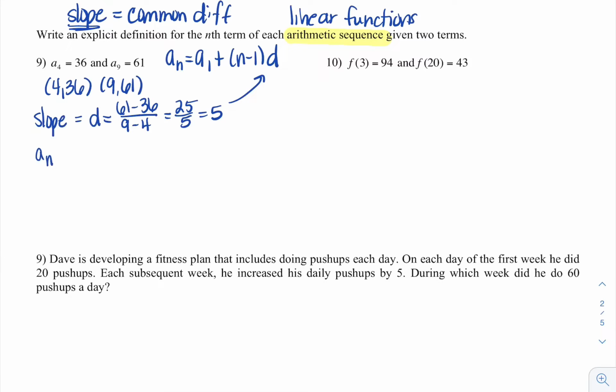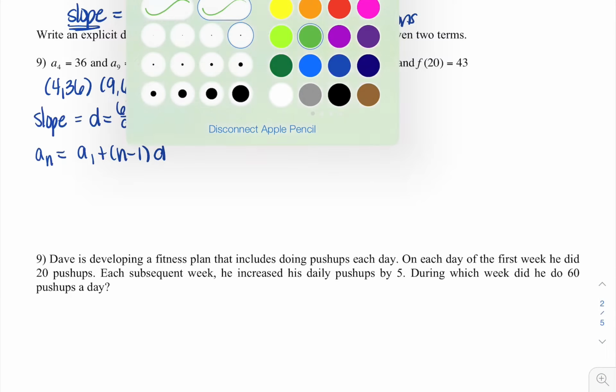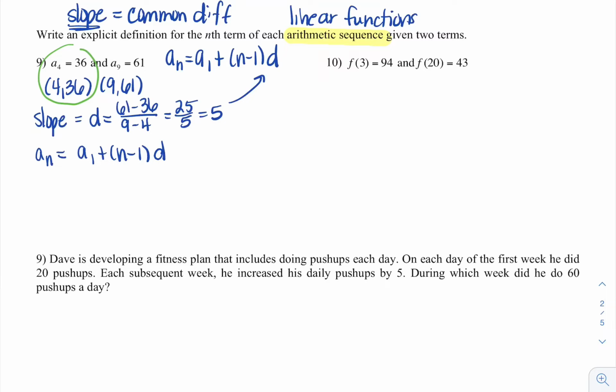Our general formula is a sub n equals a1 plus (n minus 1)d. Let's talk about using this point right here, a sub 4 equals 36, to help us out. So our a sub n is really the 36. That's the fourth term of this sequence. a1 we don't know.